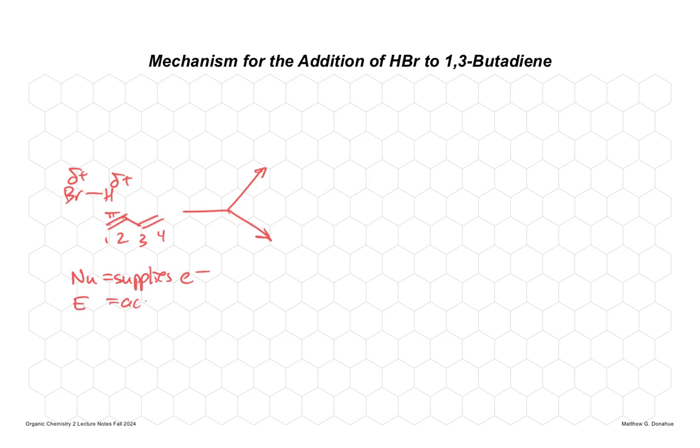Electrophile accepts electrons. The issue was with alkenes, you had to decide which carbon, 1 or 2. Since the molecule is symmetric, it could be 3 or 4. Which carbon is going to get the proton? So let's go through both cases and decide.